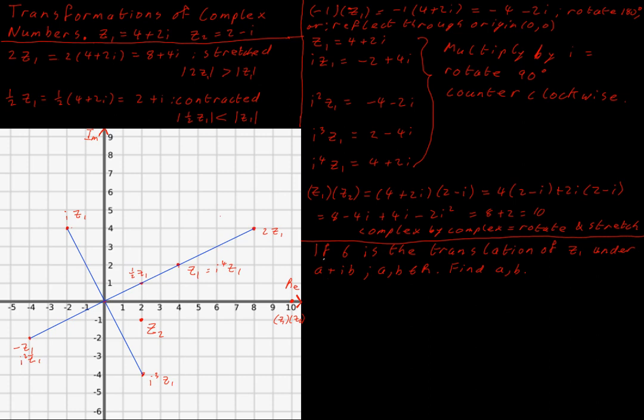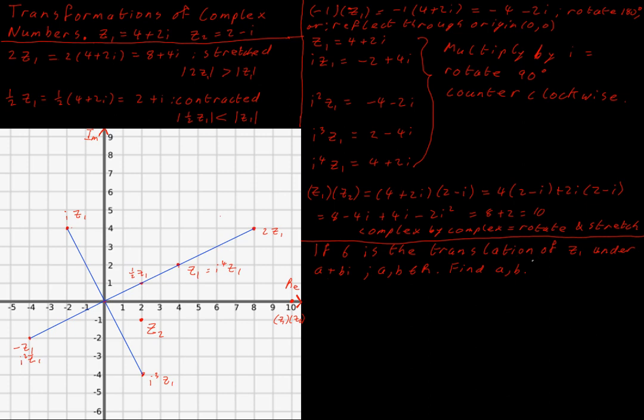Now finally, if we're asked about a translation and asked to figure out what that translation was, it means we have: if 6 is the translation of z1 under a plus bi, where a and b are real, find a and b. For those of you comfortable with vector work, this is just the sum of two vectors.